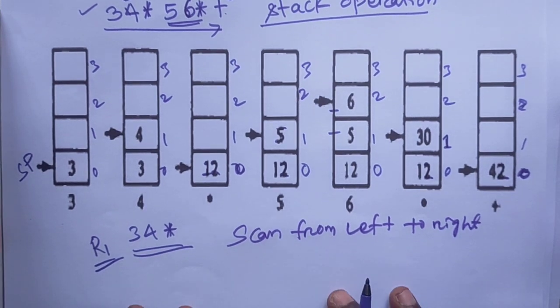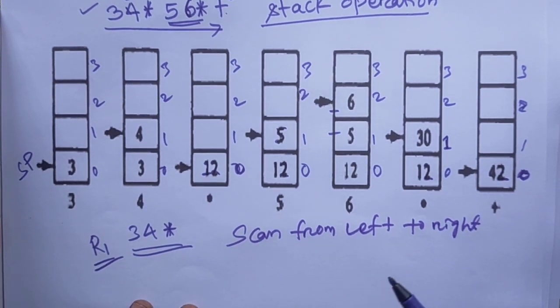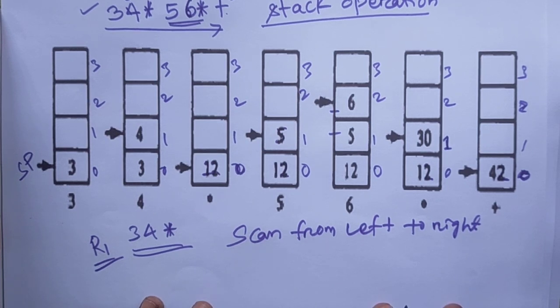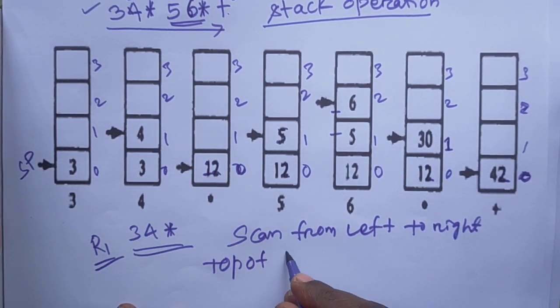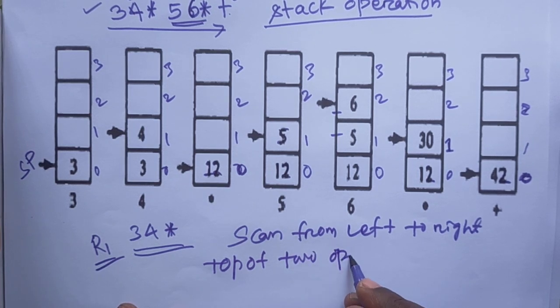When a star or any operator comes, it will start the operation on the top 2 items from the stack. That is important, because which operands they will take and evaluate, the main important thing is the top 2 operands.